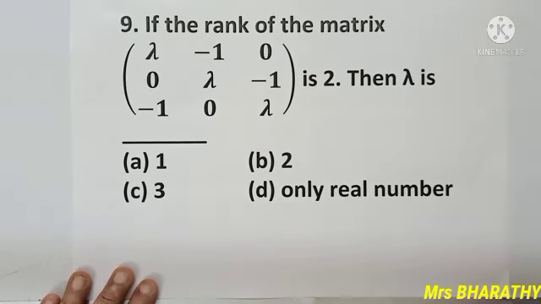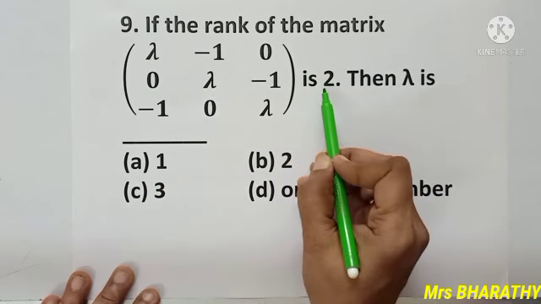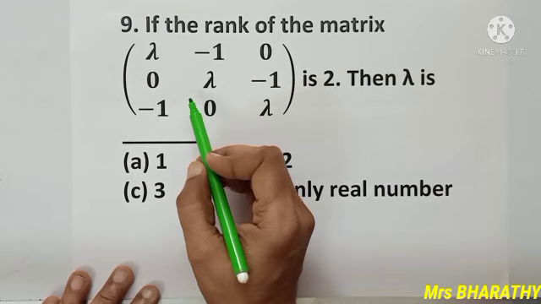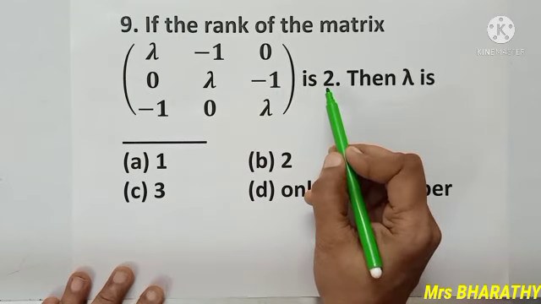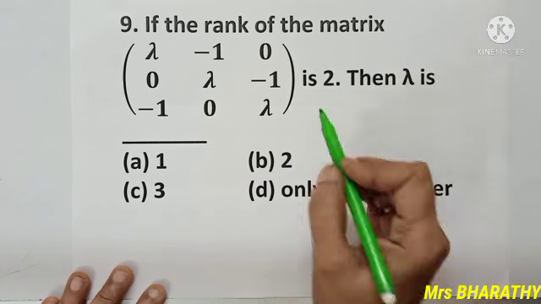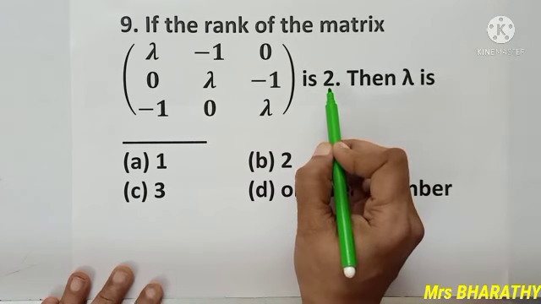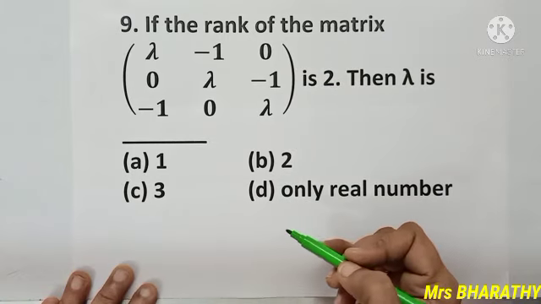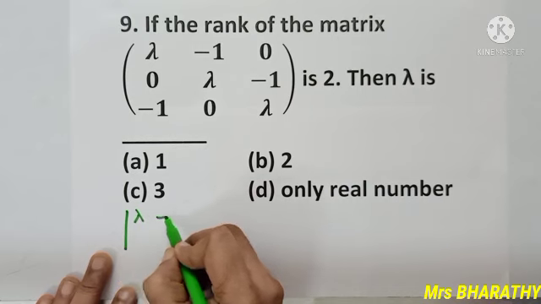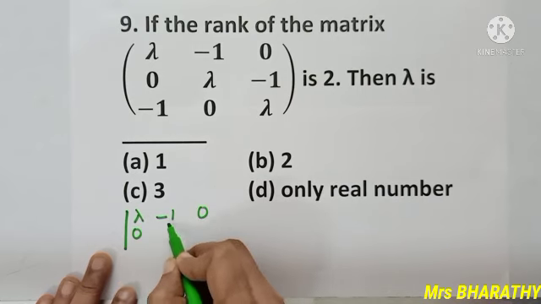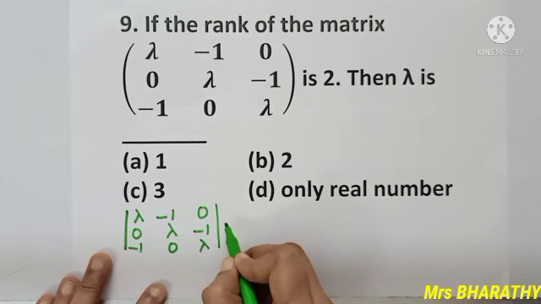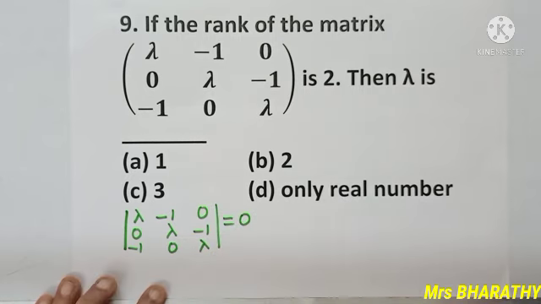Question number 9. If the rank of the matrix is 2, then lambda is. When I say the rank is 2, all the higher orders must vanish. Rank is 2 declares the third order must vanish. So let me write the third order determinant, that is lambda minus 1, 0, 0; lambda, minus 1; minus 1, 0, lambda, that is equal to 0.